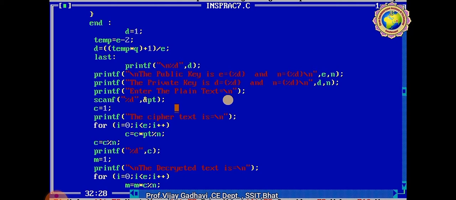Then we use the public key for the same function, c from m, and the private key for the same function, m from c. m is for the private key and c for the public key. Both of these calculations can be computed efficiently using the square and multiply algorithm for modular exponentiation. In real life situations, the primes selected would be much larger.